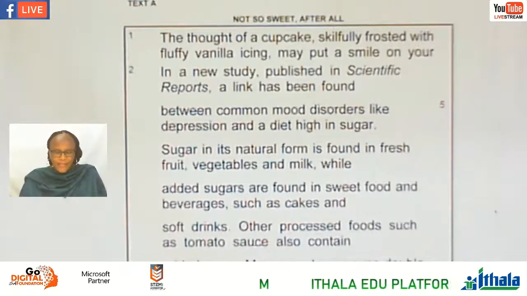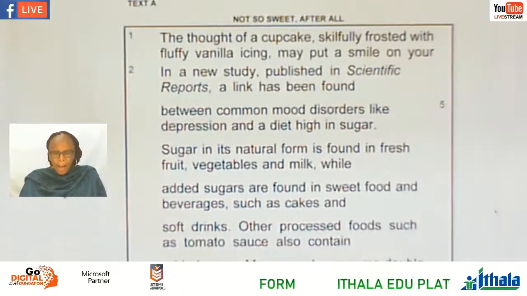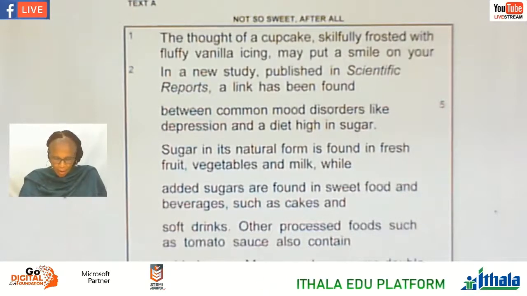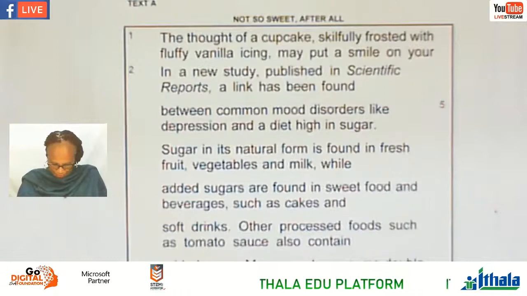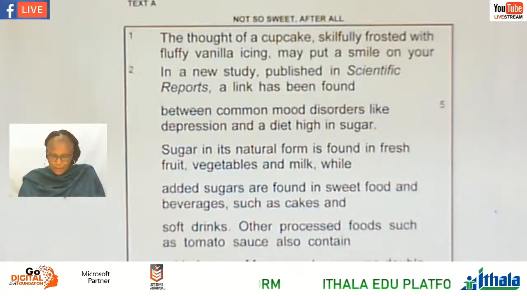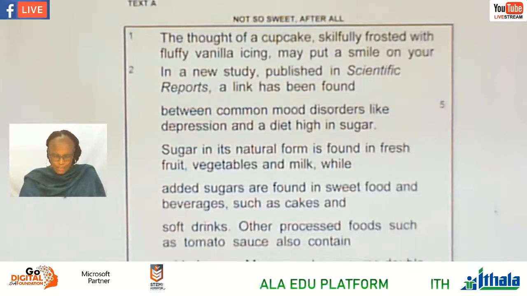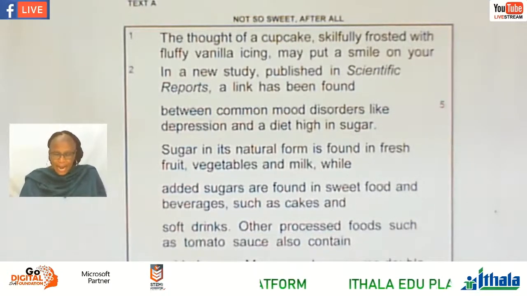The thought of a cupcake, skillfully frosted with fluffy vanilla icing, may put a smile on your face. In a new study published in Scientific Reports, a link has been found between common mood disorders like depression and a diet high in sugar.